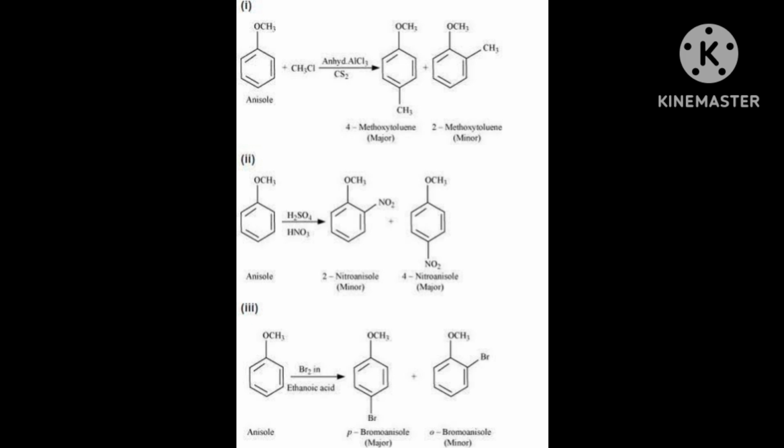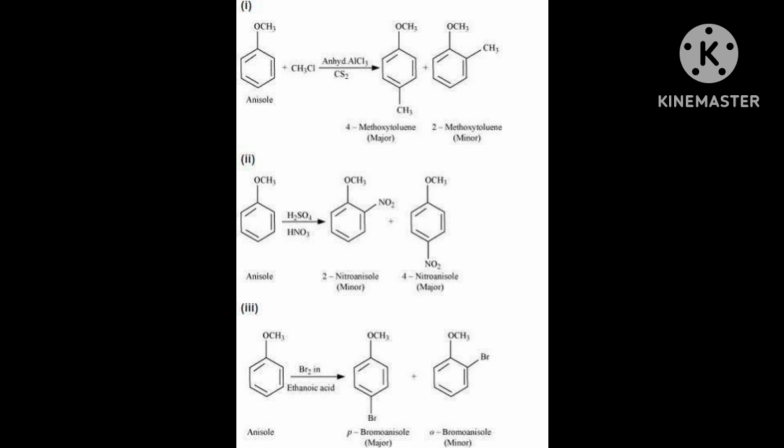You should understand that any E plus, like NO2, any positive charge, will join either at the ortho position or the para position, meaning carbon number 2 and carbon number 4, correct.